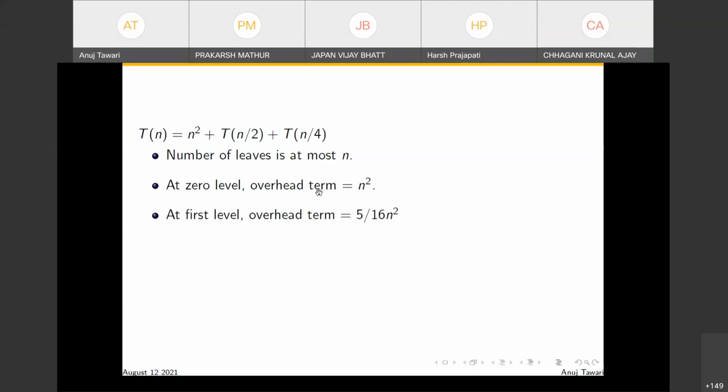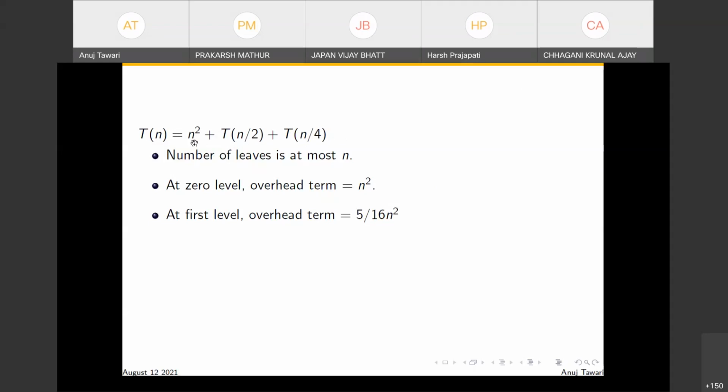So the first level was what? You expand this Tn by 2, right? So here you will get n by 2 whole square plus Tn by 4 plus Tn by 8. Then you expand this Tn by 4, and you get n by 4 whole square.